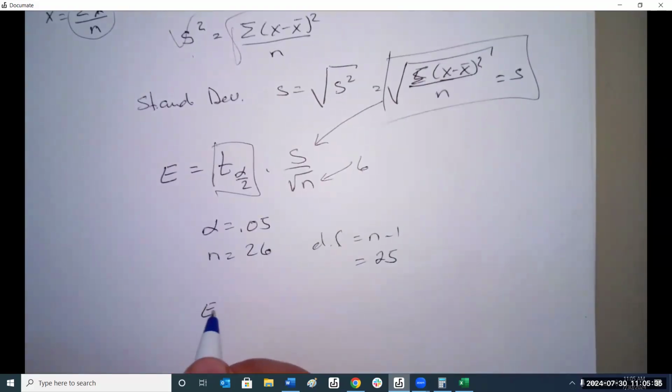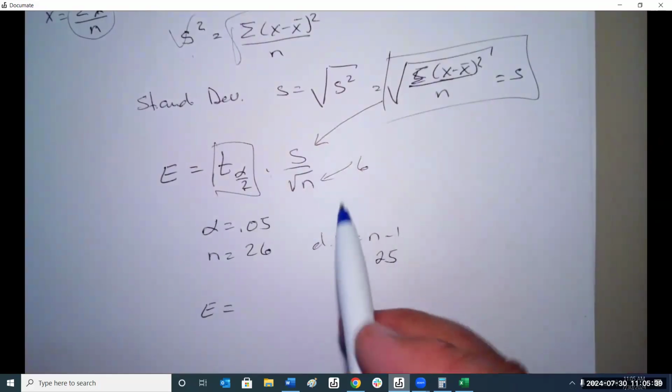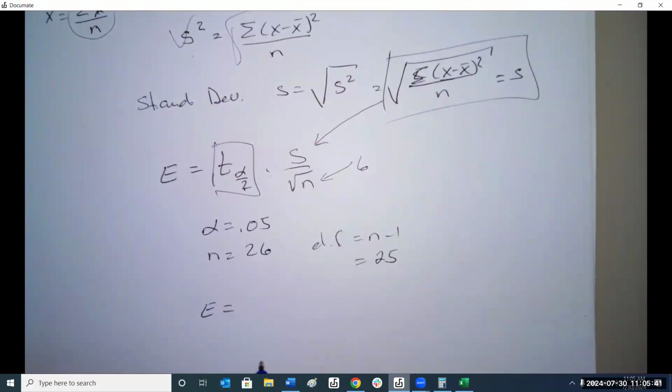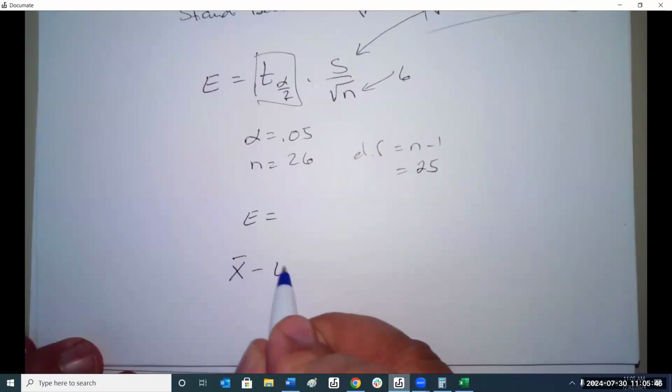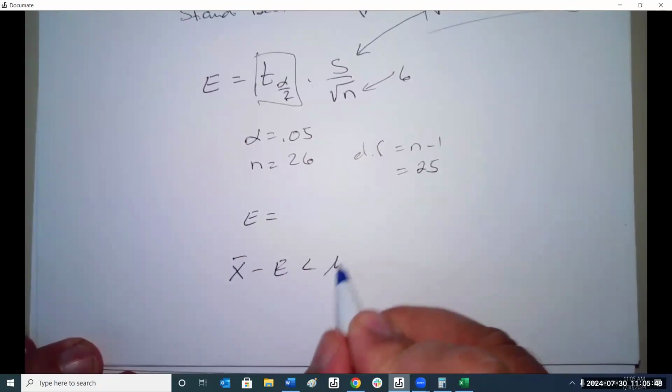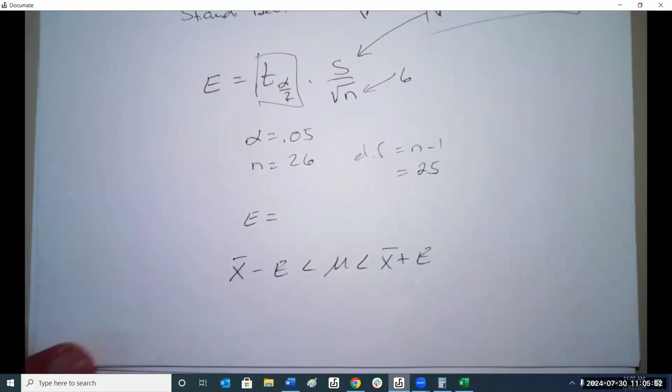And that gives us, I will find this value, then multiply that, divided by square root of n. We have our E. And then I subtract my mean from it, and I add my mean to it. And that gives us our interval.